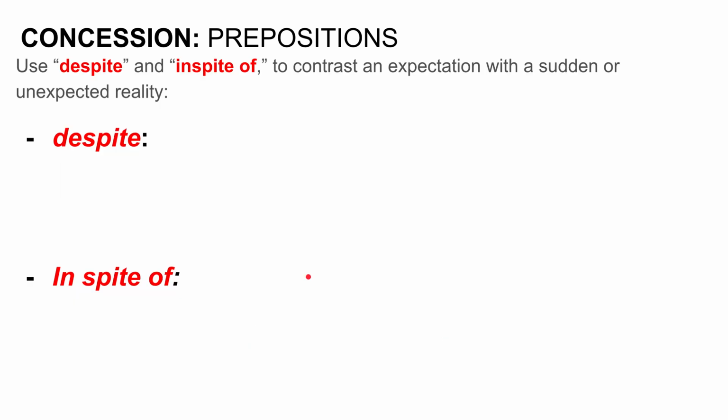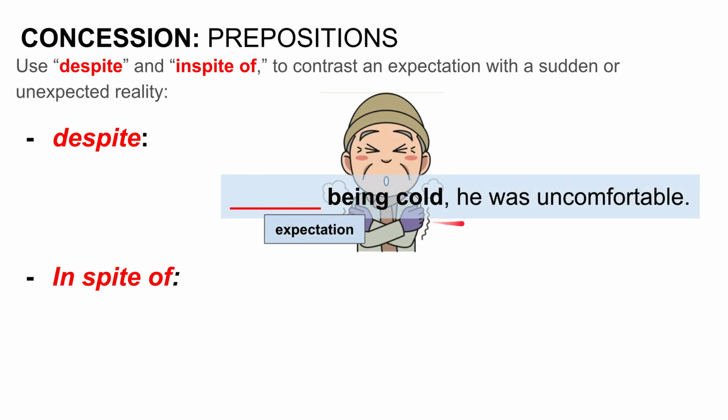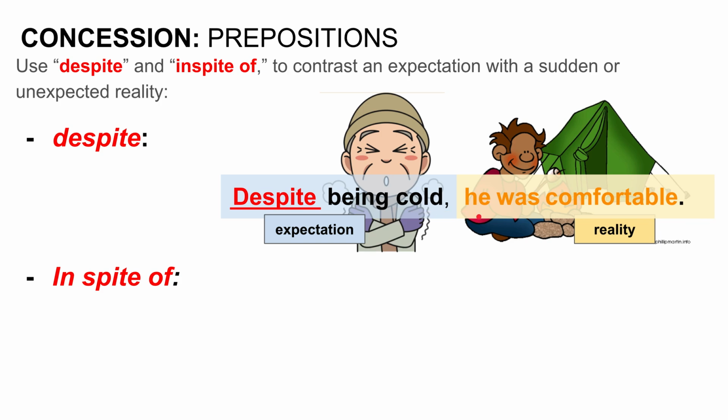So let's look at the prepositions of concession. Despite and in spite of are used to contrast an expectation with a sudden or unexpected reality. So, for example, despite, expectation: being cold, he was uncomfortable. If he's cold, he should be uncomfortable. Reality: despite being cold, he was comfortable. There we go.